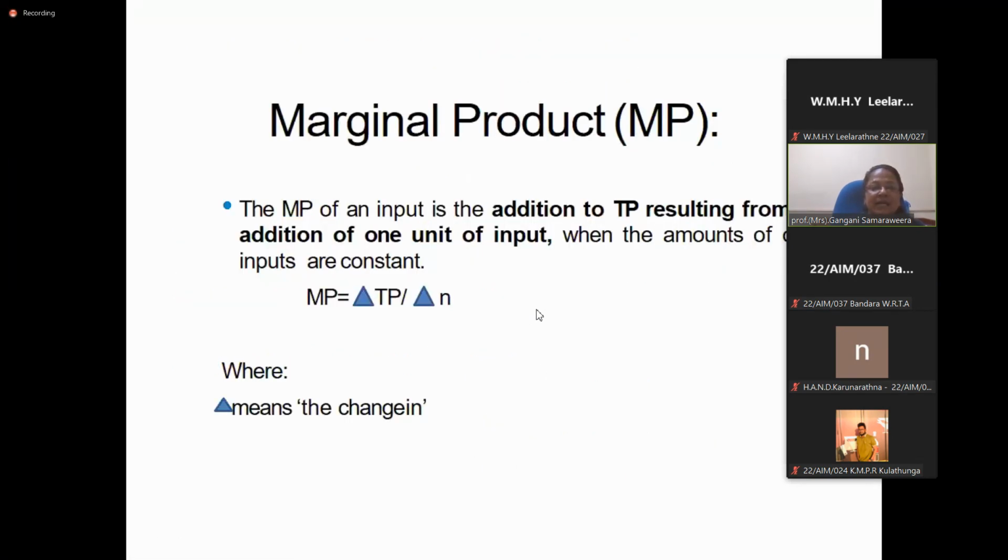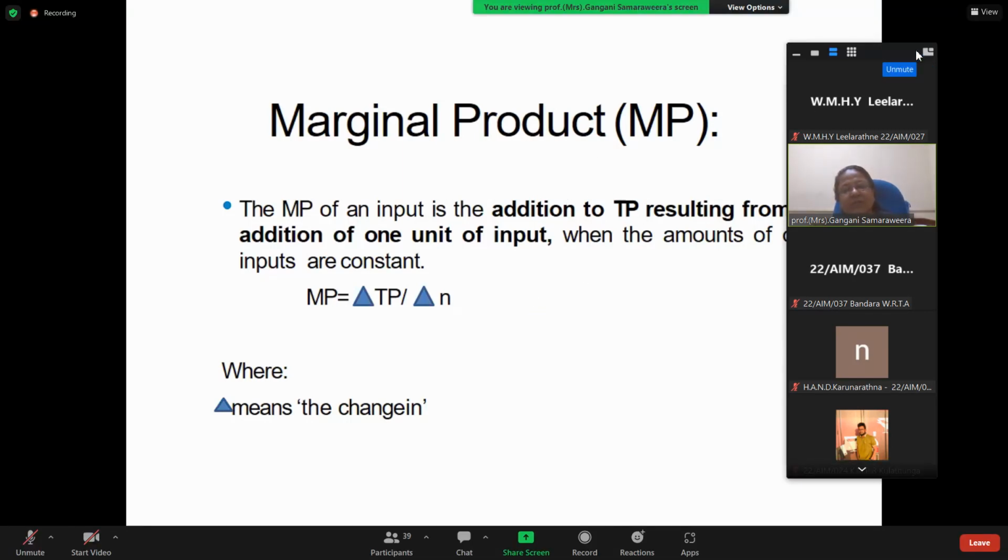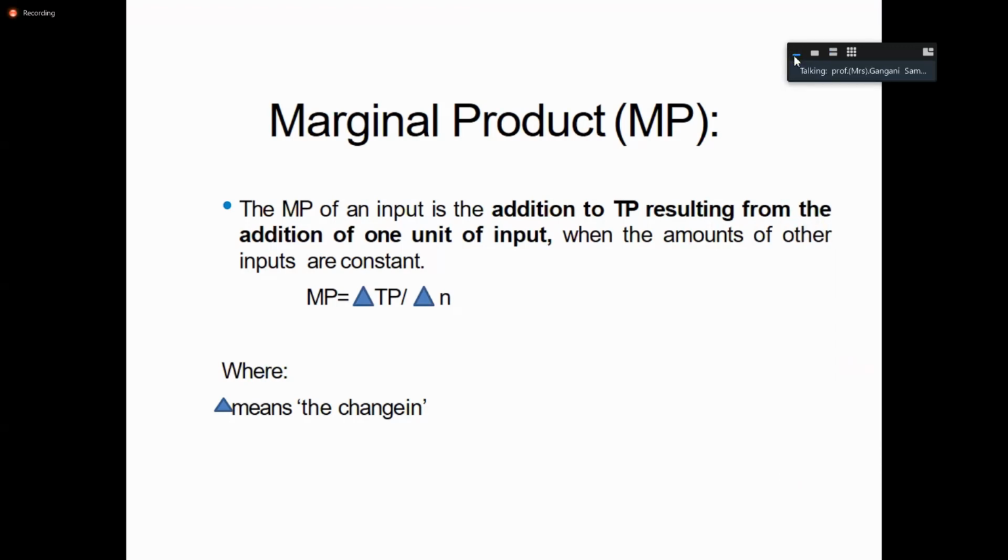Very easy. Now marginal product is somewhat different. It's easy, but you have to think in a different way, because you may remember marginal utility, when you add 1 unit, that means change. When you change 1 unit, how does the total product change? For average product, you divide the total production by the number of units.